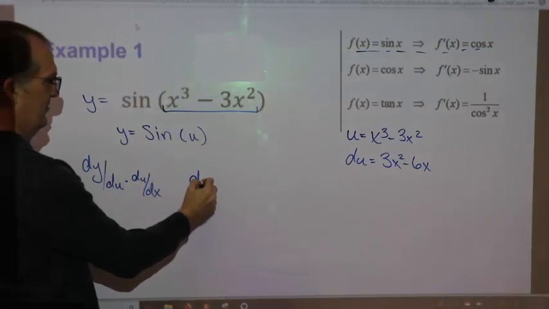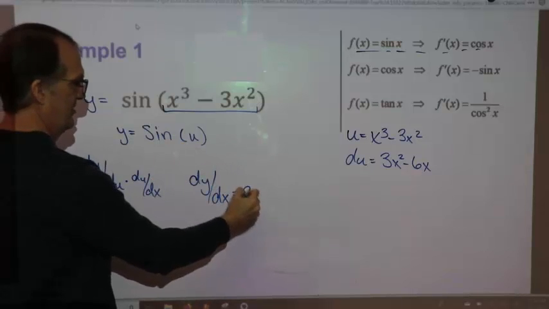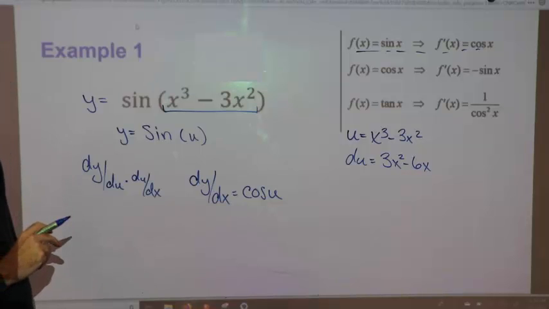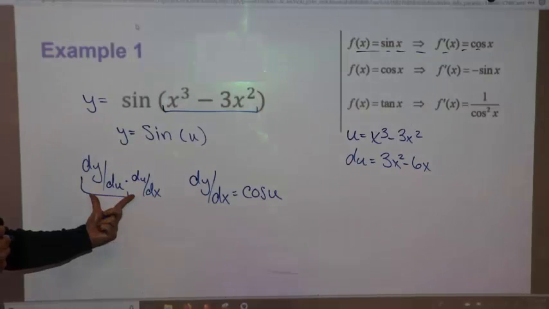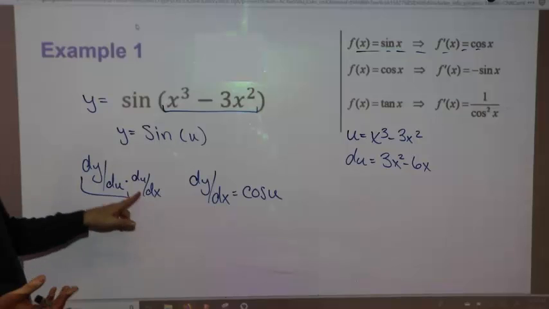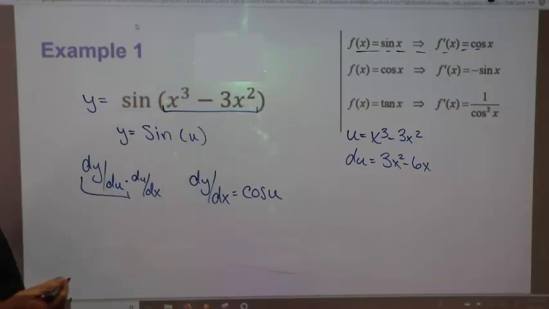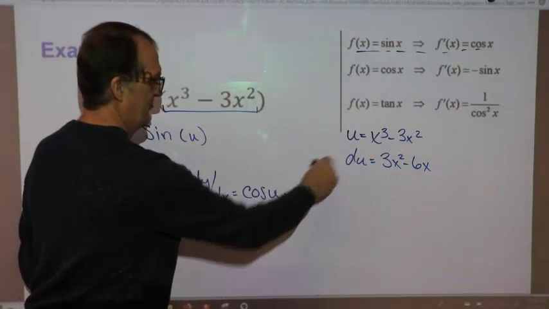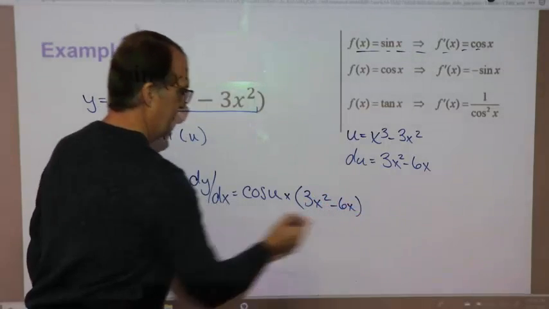So right now I know that dy/dx is the cosine of u. That's the first part of my chain rule. I just took the derivative of the big function and multiply it with the derivative of the function inside the function, so we have that times the derivative, 3x squared minus 6x.